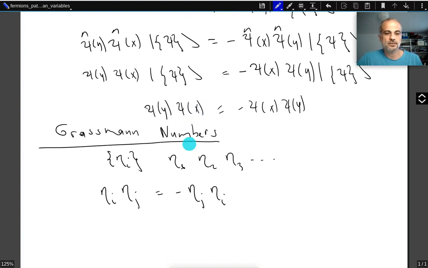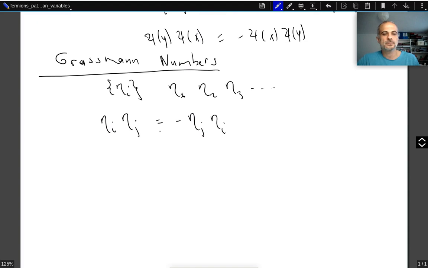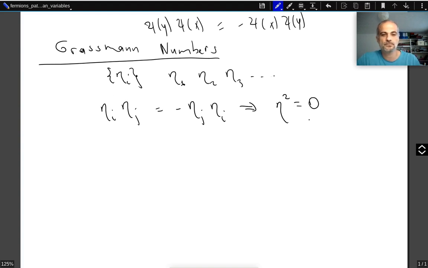Now, of course, since we are just inventing these numbers, we have to define some of their properties. For example, this automatically implies that any Grassmannian number squared is actually 0. Well, this is something we had also seen in the case of the annihilation and creation operators. If you just take the square of the creation operator for fermions, it was just 0.